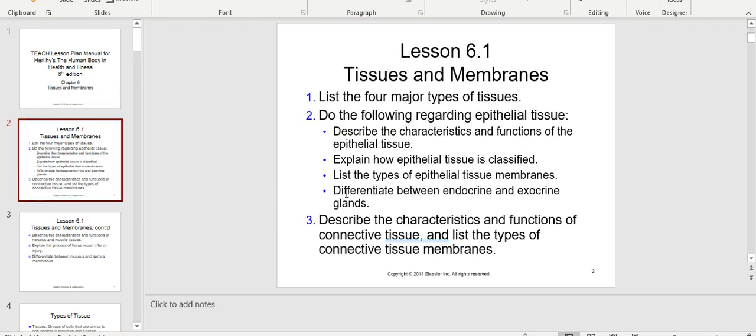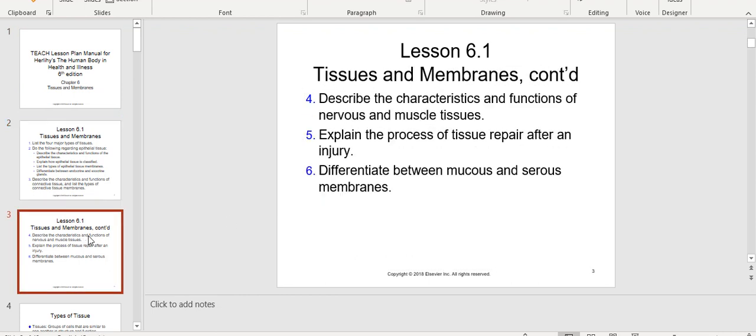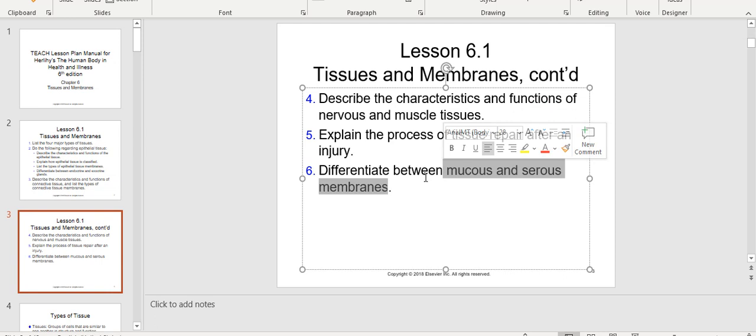We are going to be talking about basically the 4 different types of tissue. We're going to talk about epithelial tissue, connective tissue, nervous tissue and muscle. We're going to talk about a little bit of repairing after, and some mucous and serous membranes.